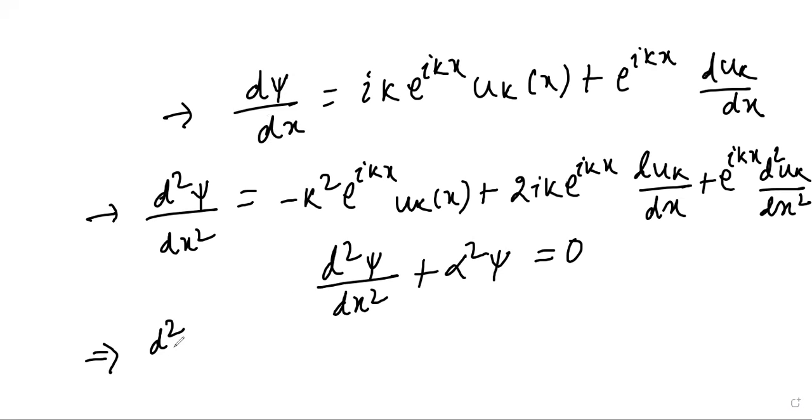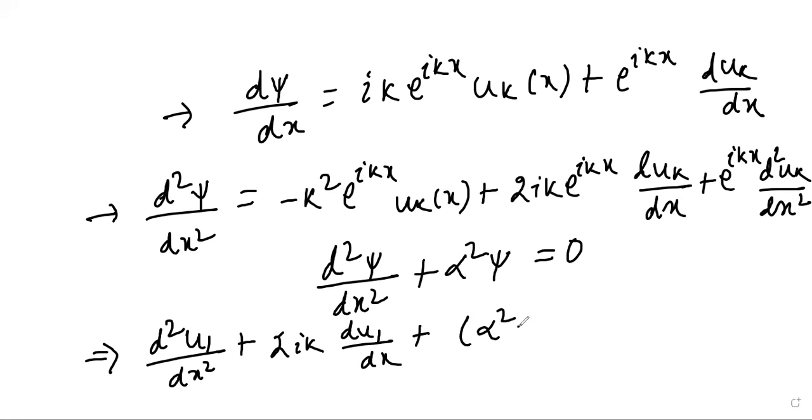So d square u1 upon dx square plus 2ik du1 by dx plus alpha square minus k square times u1 is equal to 0, right? So this is the first one we got. This is applicable for x lying between a and 0. So the first Schrodinger equation we got like this.